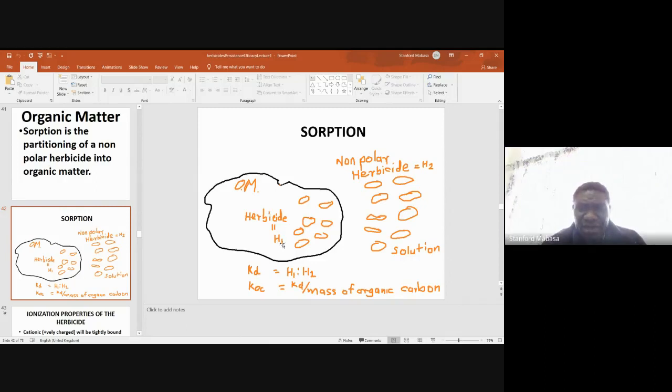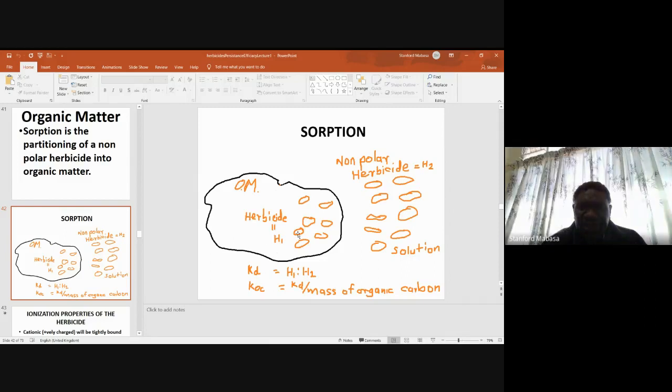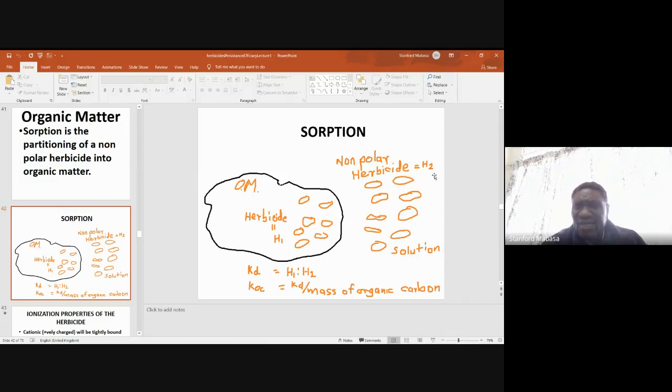So H1 could be the concentration of the herbicide in the organic matter, and H2 probably the concentration of the herbicide in the solution. We can work out what is known as the KD value, which is equal to the ratio of the herbicide concentration inside the organic matter divided by the herbicide concentration in the solution.